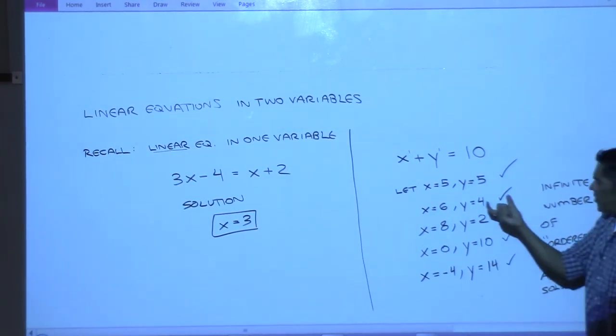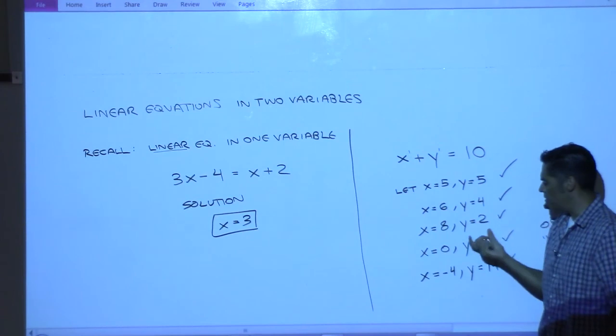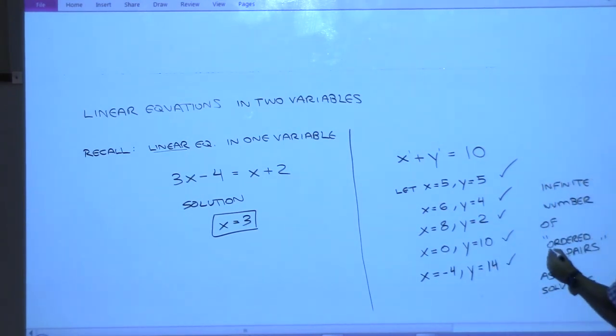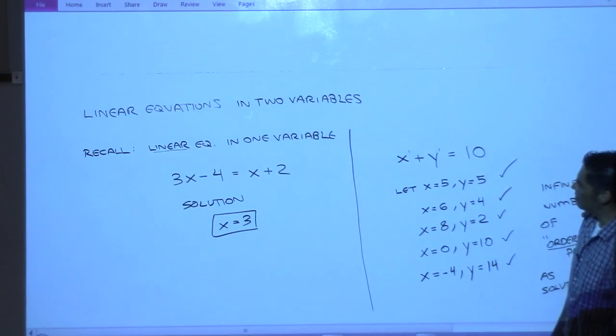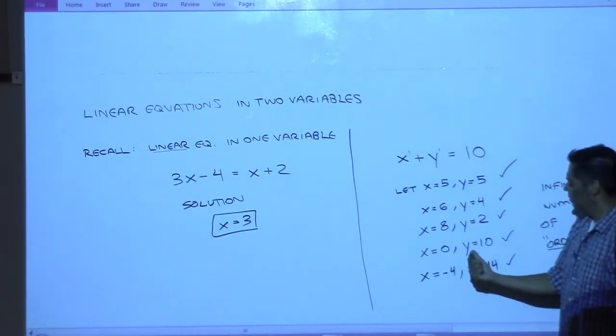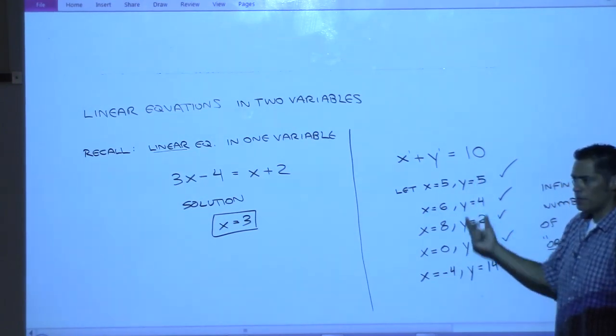All right, so I said pairs, right? 5, 5, 6, 4, 8, 2. Those are pairs of numbers. The word ordered here means that the order of the pairs matters, right? Well, in this example, I can switch them, can't I? Can I? Just flip them and they still work?